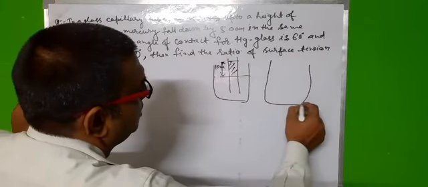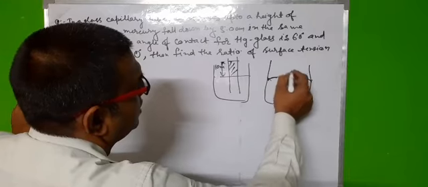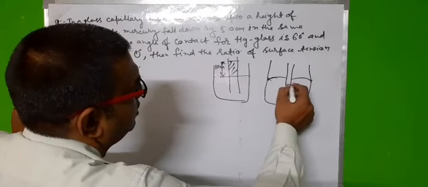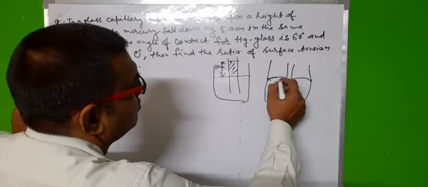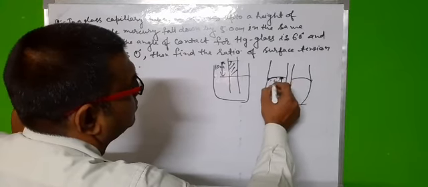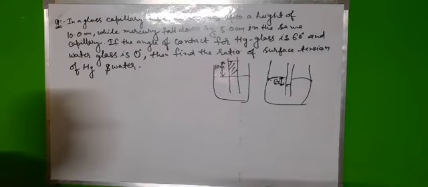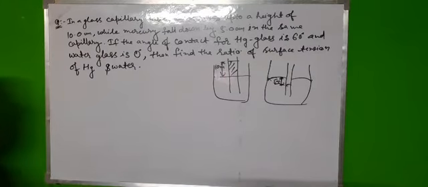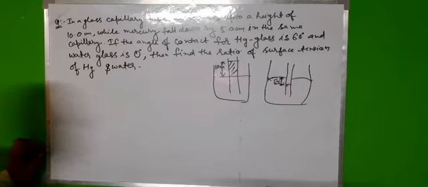In the same capillary tube, if mercury is kept here, then mercury falls below the surface by 5 centimeter, because of the convex meniscus, and mercury has higher density, so it will fall down.